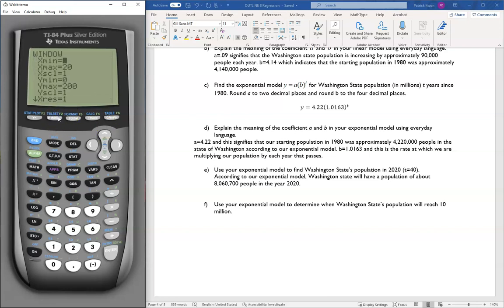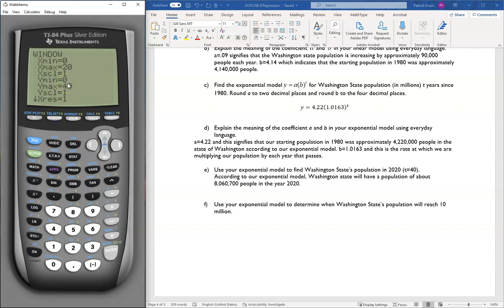Wonderful. I think my window is a little bit large for the y maximum, so I'm going to change this maybe to 40. That looks a little bit better. Still might be kind of high, and we actually can't see where these things cross, so I'm also going to need to make my x values larger.